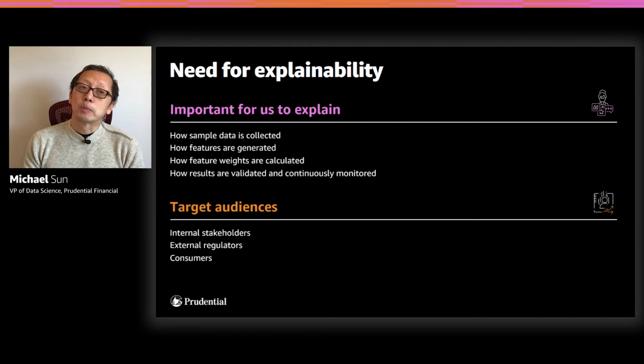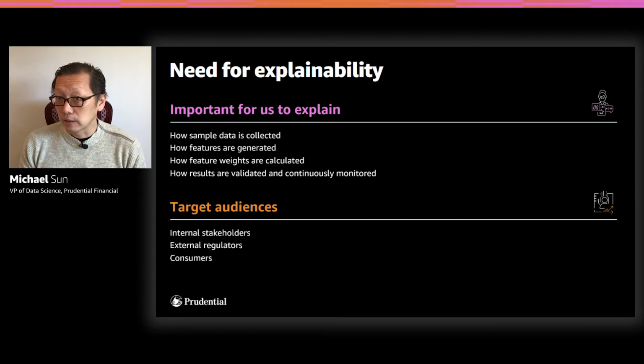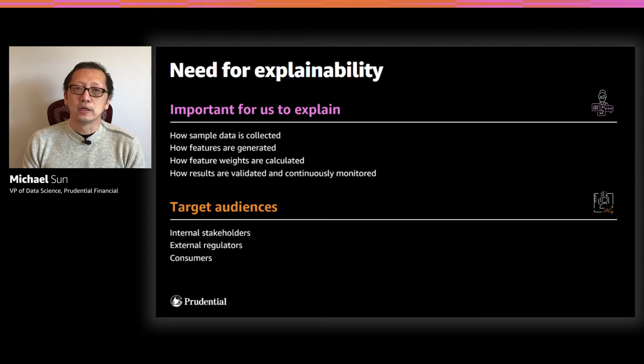We want to be able to tell our regulators and other stakeholders how our data is collected, what features are generated, how their weights and biases are assigned, what algorithms were used, how the data are validated, or results are finally validated. All the aspects are important. As I say, we need to explain that result to our external regulators as well as internal stakeholders.